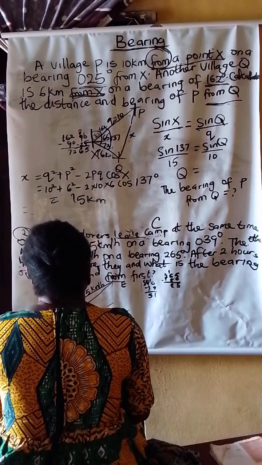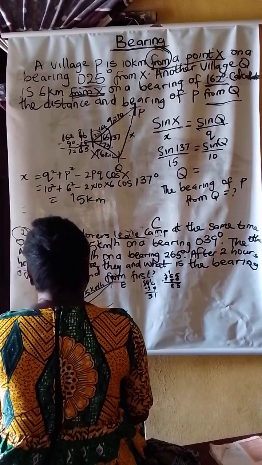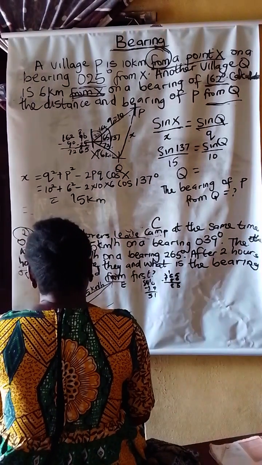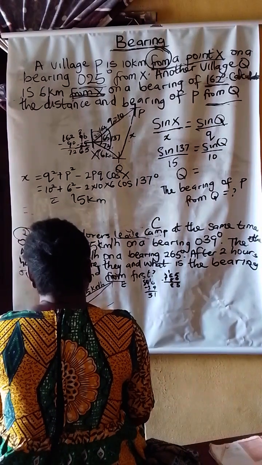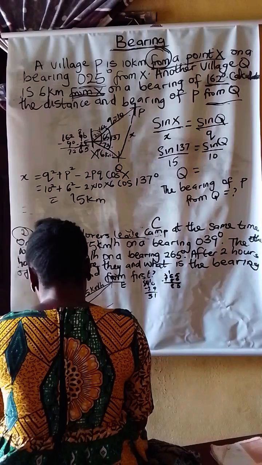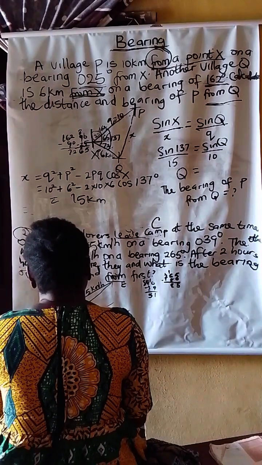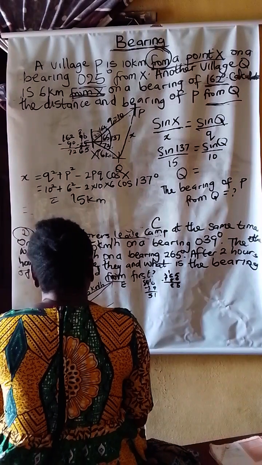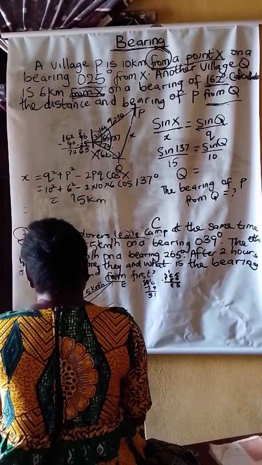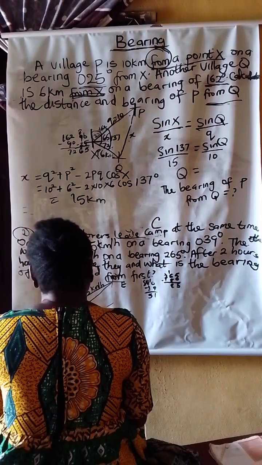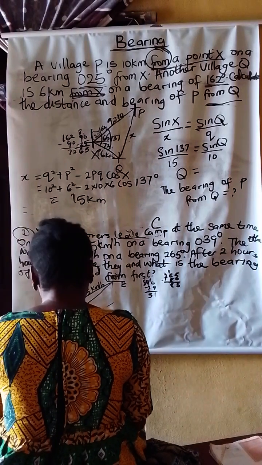And what is the bearing of the second from the first? So what do you do? This is 51. So we continue from there.